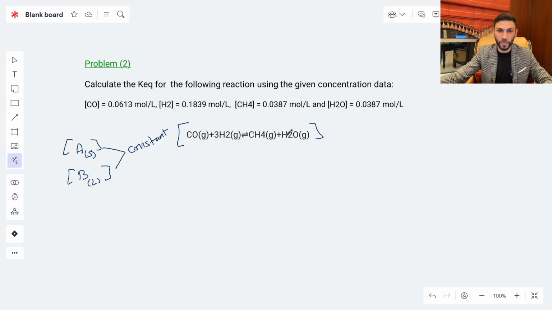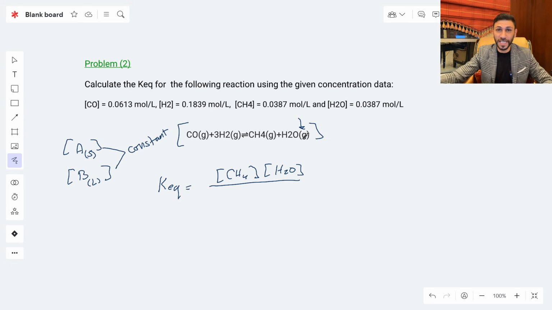Here all of them are gases, so I'm going to write the K equilibrium for this reaction equal to the concentration of CH4 multiplied by the concentration of H2O. And as you can see, H2O in this case is a gas, not liquid.